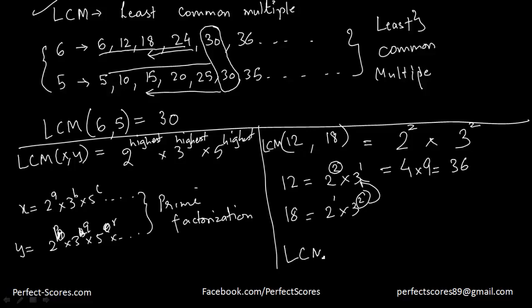So the LCM of any two numbers x and y is the product of all the prime numbers in x and y raised to the highest power in whichever they are. If it's highest in x, you write that part; if it's highest in y, you write that part. This is how you calculate the LCM of two numbers.